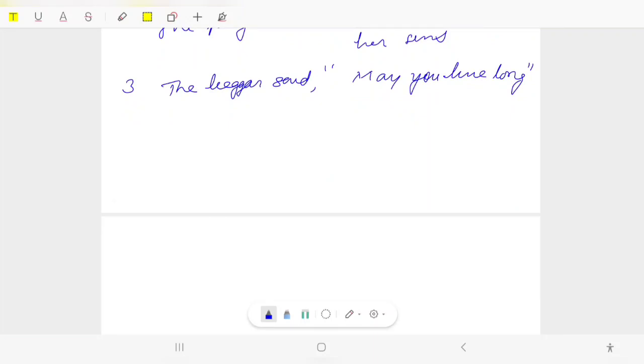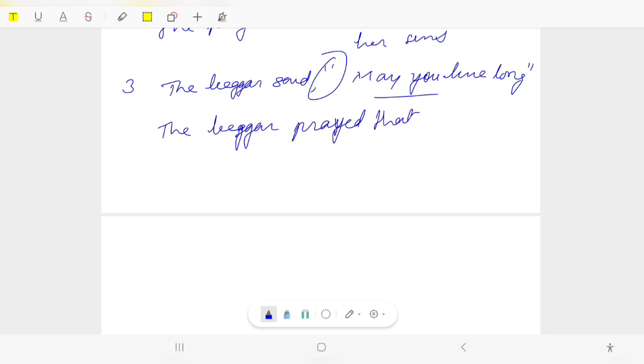The beggar said, may you live long. This is also a prayer. So the beggar prayed, comma inverted comma remove, that. Now at the place of subject, nothing is written, and here it is second person pronoun, so it will be changed according to object of RV, but nothing is there.